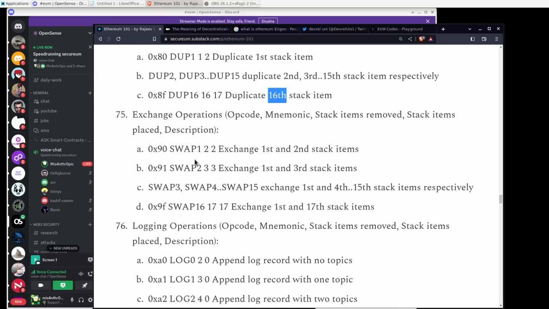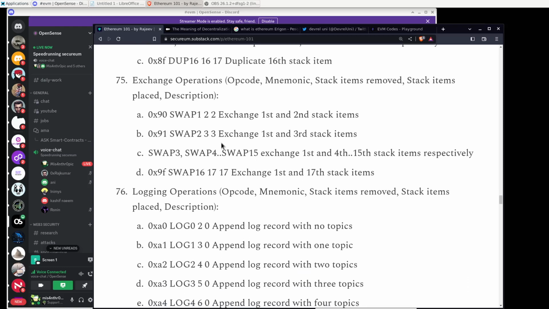Exchange operations, SWAP1. Because you're working with only 16, you can swap some memory places for some time, so you can do an operation more efficiently. SWAP2 swaps the first and third stack items. Then you have SWAP3, SWAP4, up to SWAP16, 0x9f, which swaps the first with the last item.